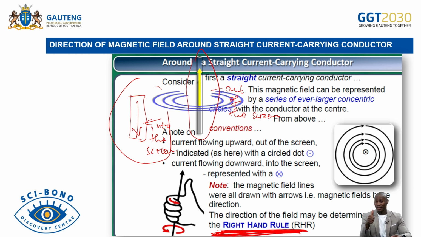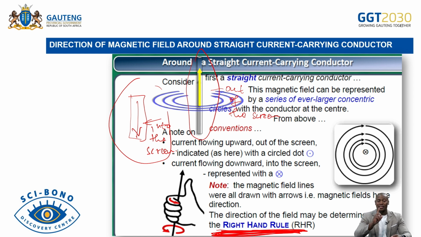The direction of the curled fingers is the direction of the magnetic field.